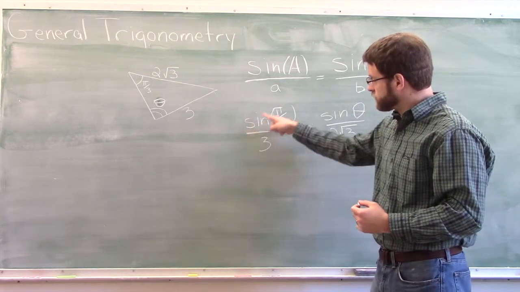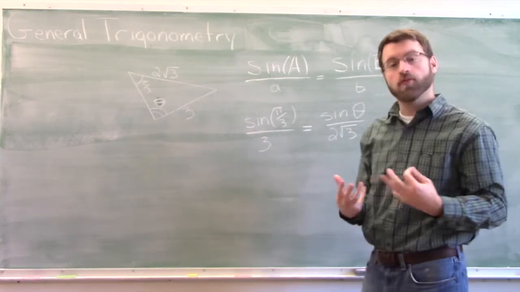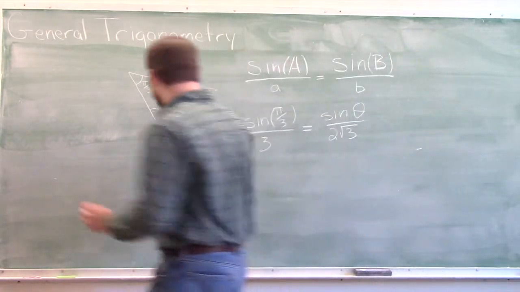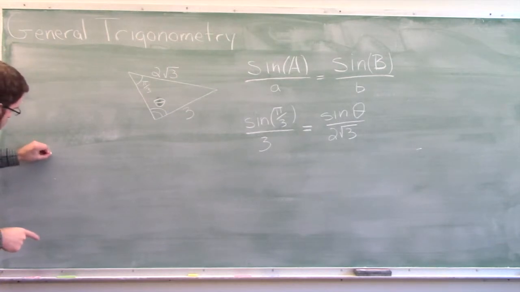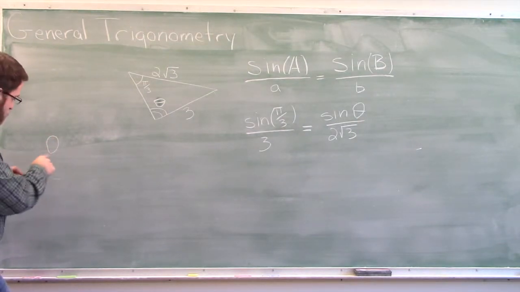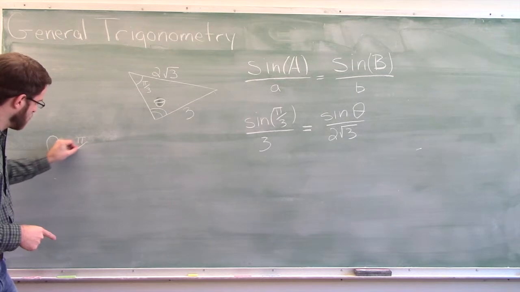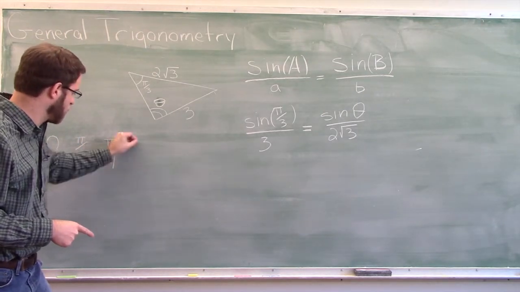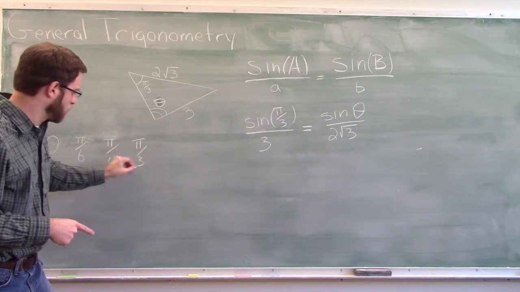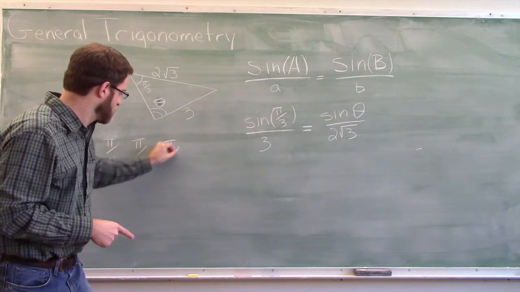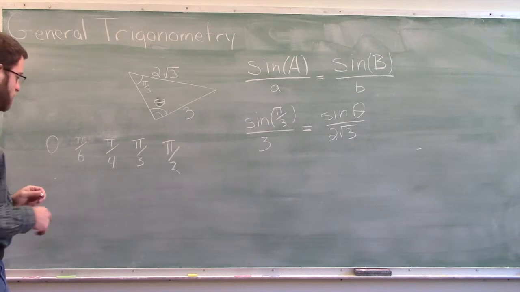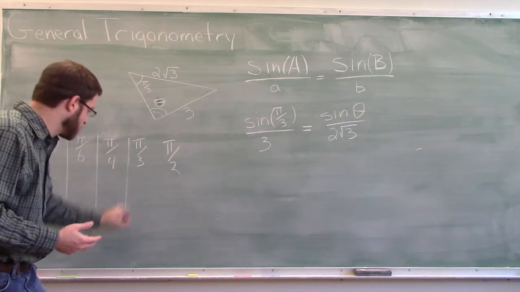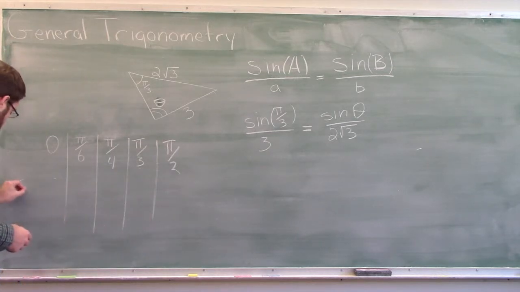Because we have the sine of pi over 3 here, it might be helpful to draw out the table of the values of the sine function. So we'll go ahead and do that over here. I'll measure my angles in radians: 0 radians, pi over 6 radians, pi over 4 radians, pi over 3 radians, pi over 2 radians, and hopefully that'll be enough for all the values that we need. Then I'm just going to put in the sines here.